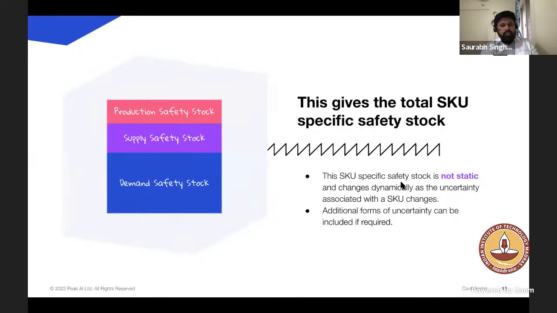Now this is not static, and it changes dynamically as the uncertainty associated with the product changes. As I mentioned, these are the primary sources, but there can be other types of uncertainties which can also be included in this, right? So this gives us how much safety stock you need to keep.